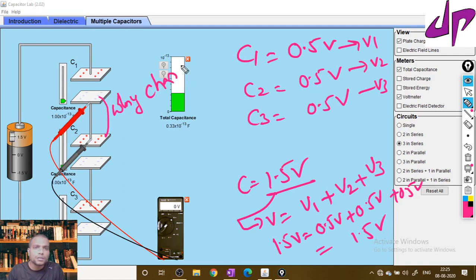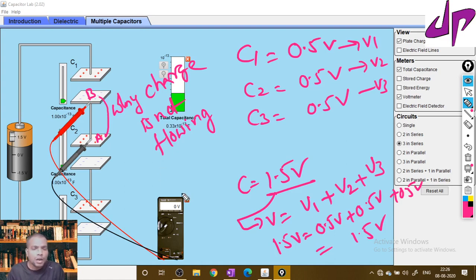If I represent that as plate B to plate A, why is the charge not moving?